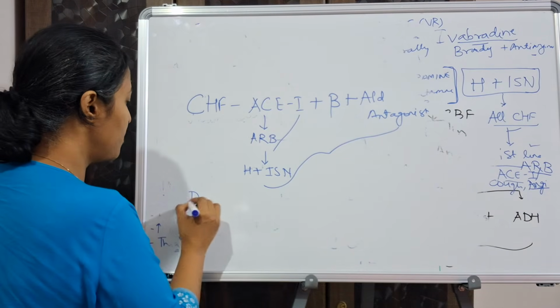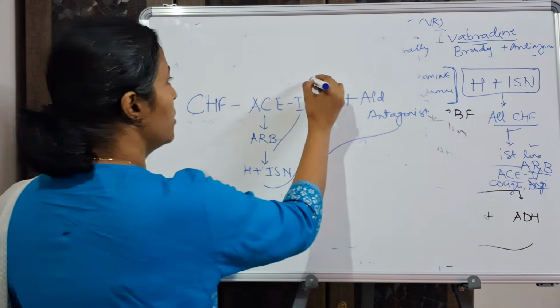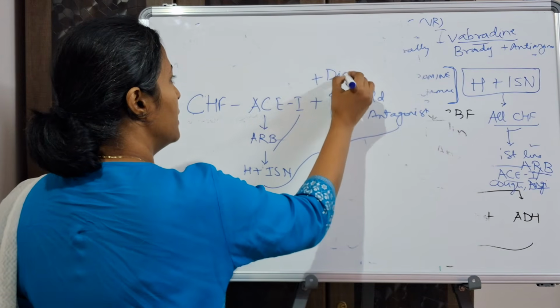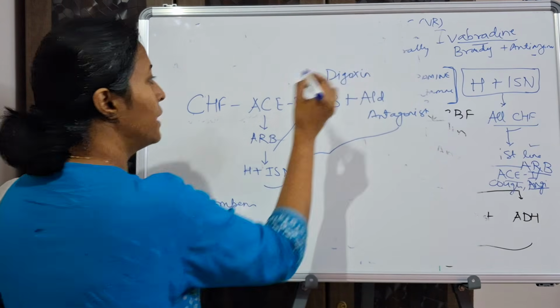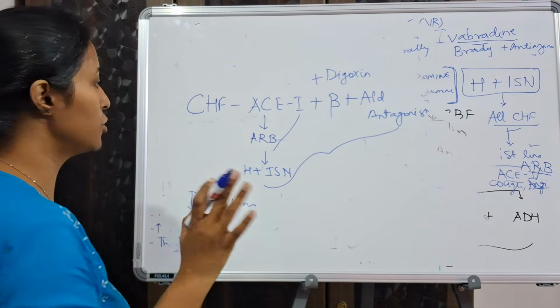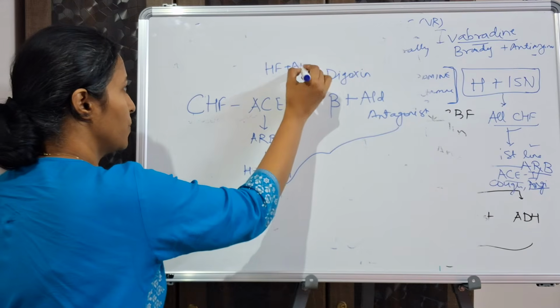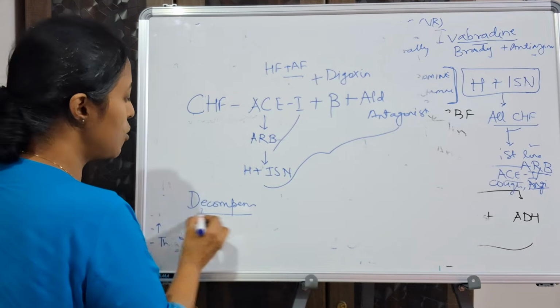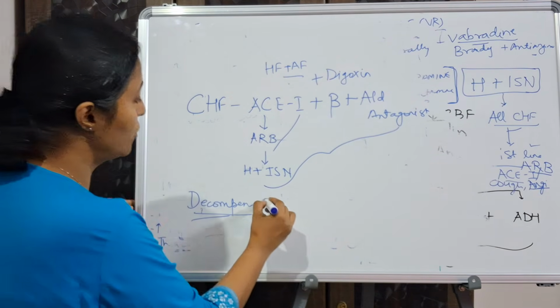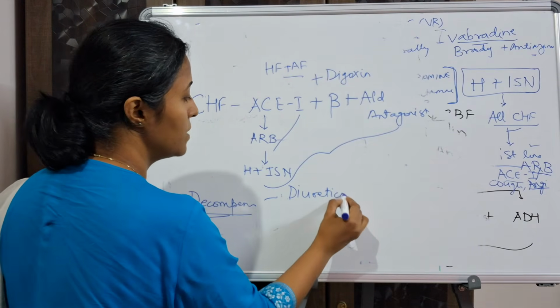Then in decompensated heart failure, we can also add digoxin if we have to control the ventricular rate chronically in the presence of atrial fibrillation. So for heart rate with AF, we can add digoxin. Then in decompensated heart failure, we give diuretics to relieve the congestive symptoms.